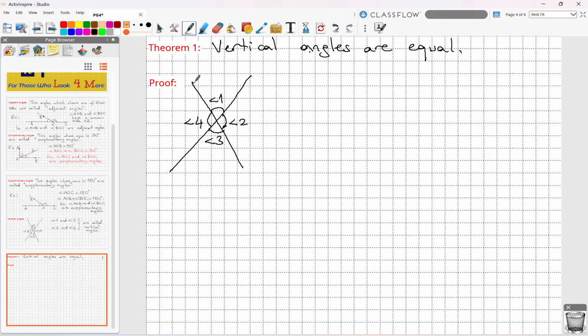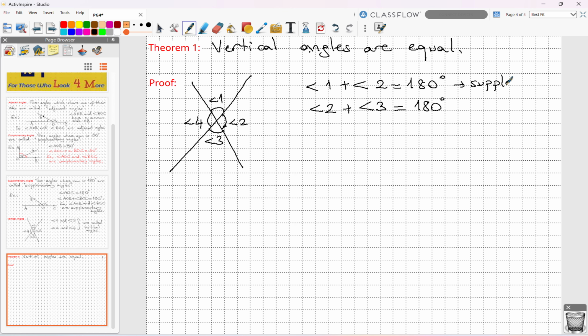Now we know that angle 1 plus angle 2 should be equal to 180 degrees because that's a straight angle. And similarly, angle 2 and angle 3 are supplementary. Their sum should be 180 degrees again. Angle 2 plus angle 3 is equal to 180 degrees.